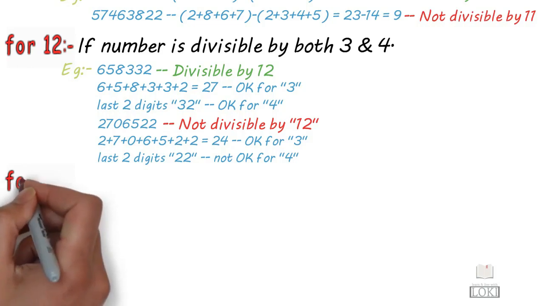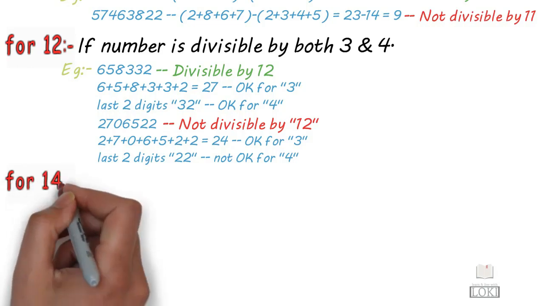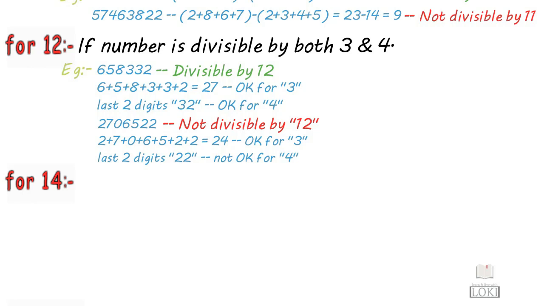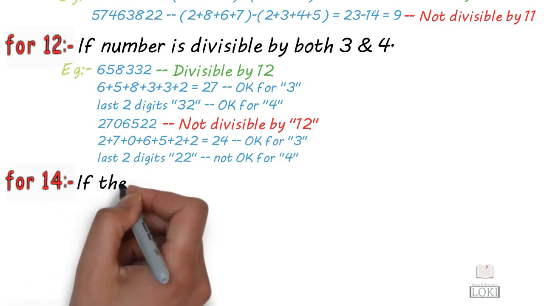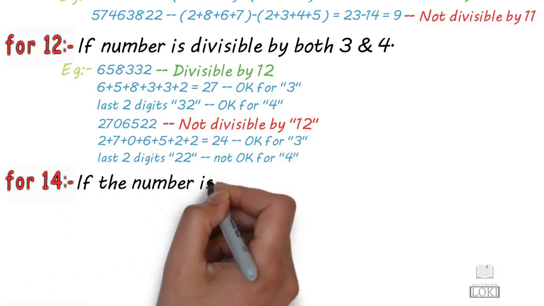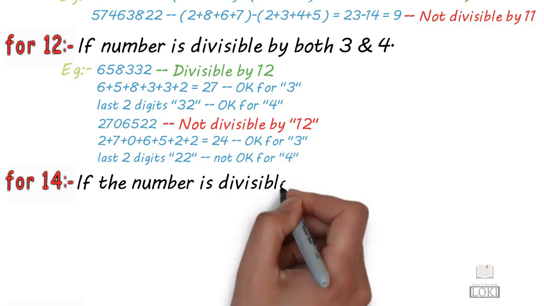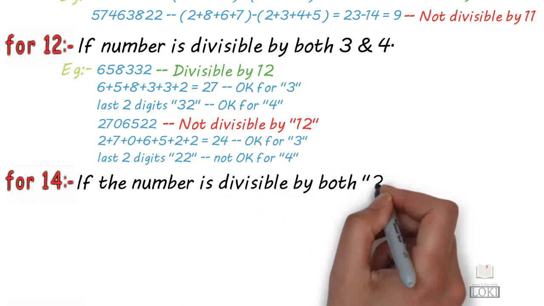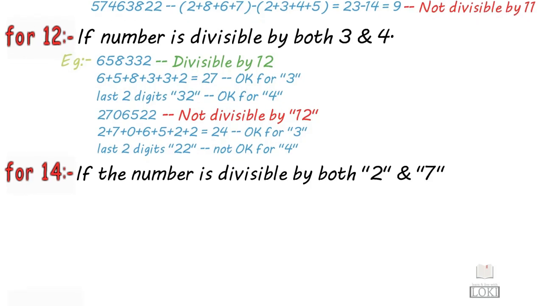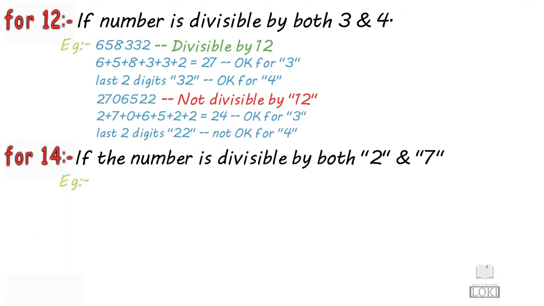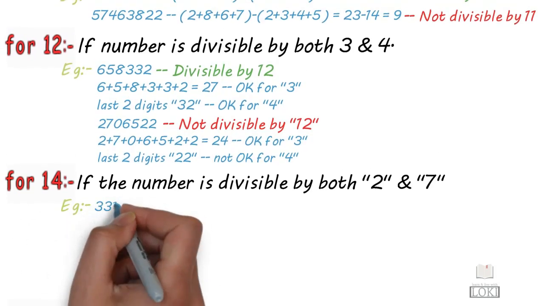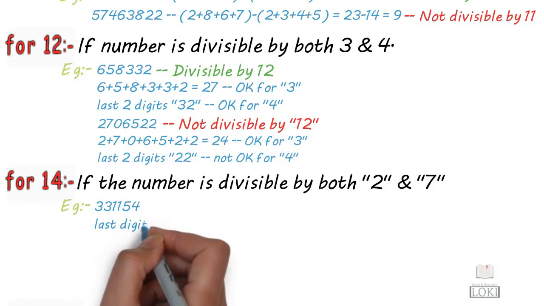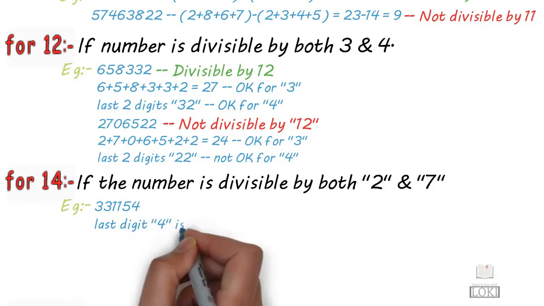Now let's see the divisibility rule for 14. We can say that a number is divisible by 14 if that number is divisible by both 2 and 7. Now let's see an example for this. In this example, we can see that the last digit 4 is an even number, so this is divisible by 2.